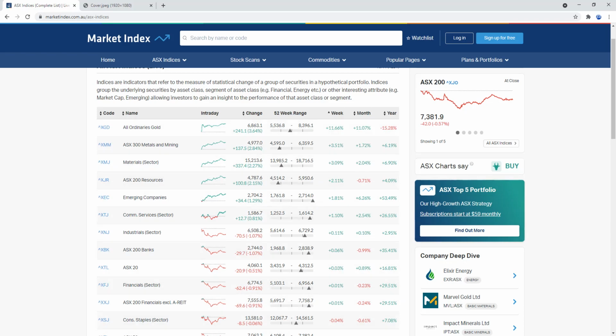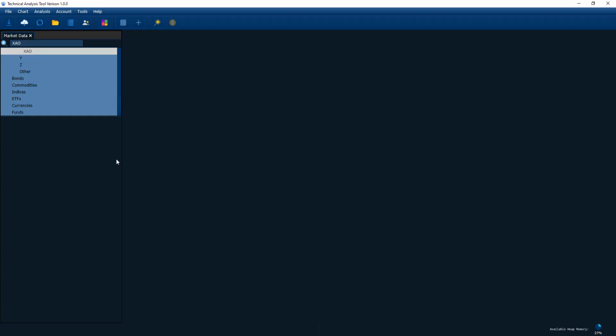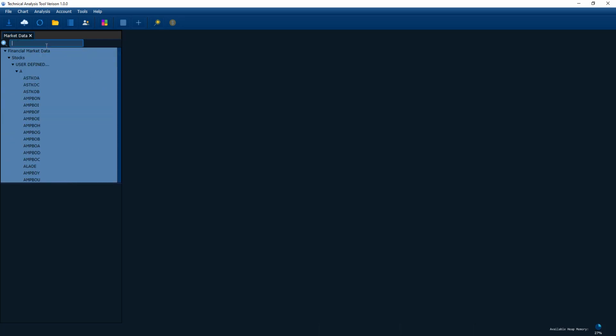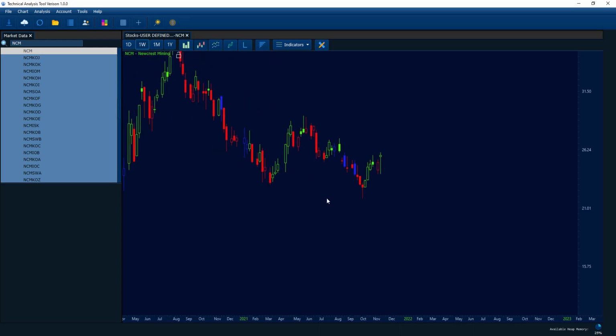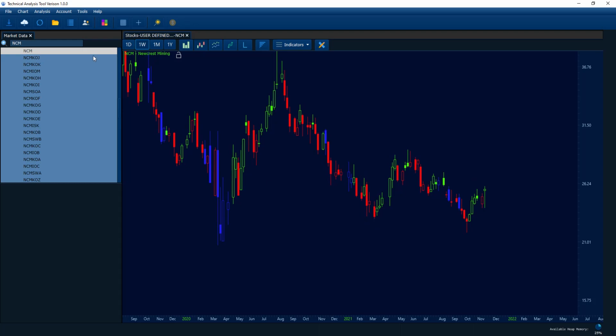For example, I want to buy a company from the XGD sector. How am I going to find the shares? I know a couple of them, so here are candidates. For example, Newcrest is one. Newcrest looks like that, and also Evolution.